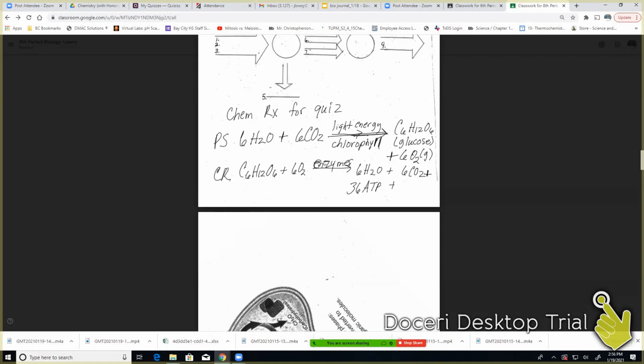And then also some is given off just as heat. This PS and this CR are not part of the equation. It's just telling you this is the equation for photosynthesis. The second one is the equation for cellular respiration.